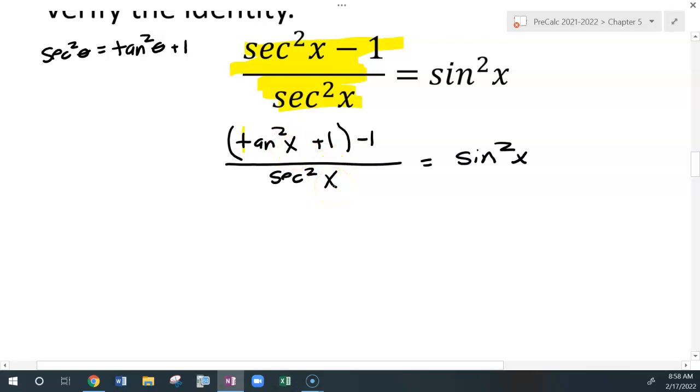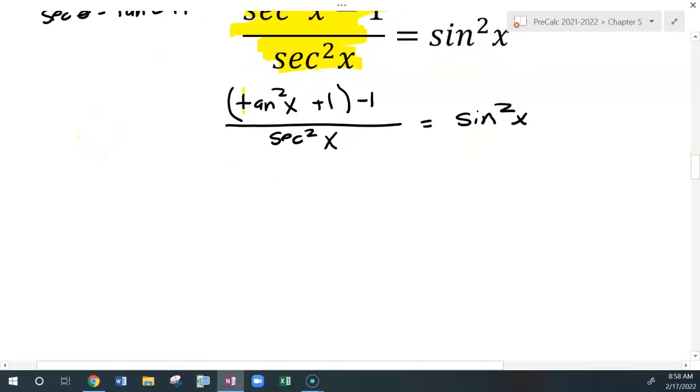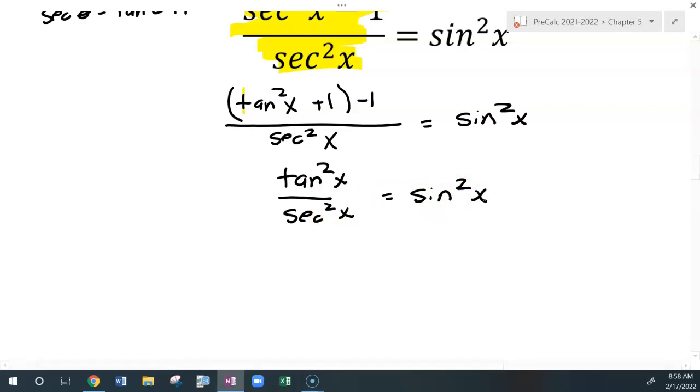All right, now the next thing I do is, do you see the plus 1 and the minus 1? Well, those undo each other, so now I get tangent squared x over secant squared x equals sine squared of x. Again, no change to the right-hand side. Now, I know that secant squared x is 1 over cosine squared x.